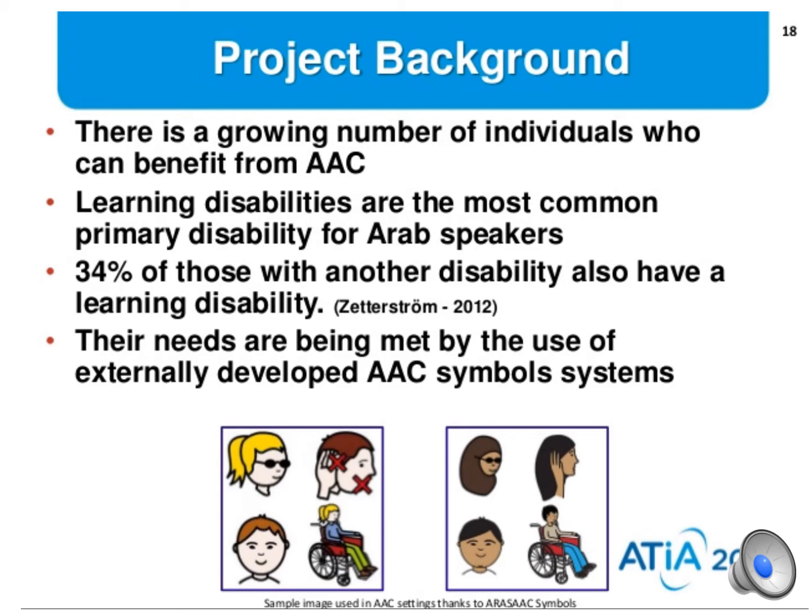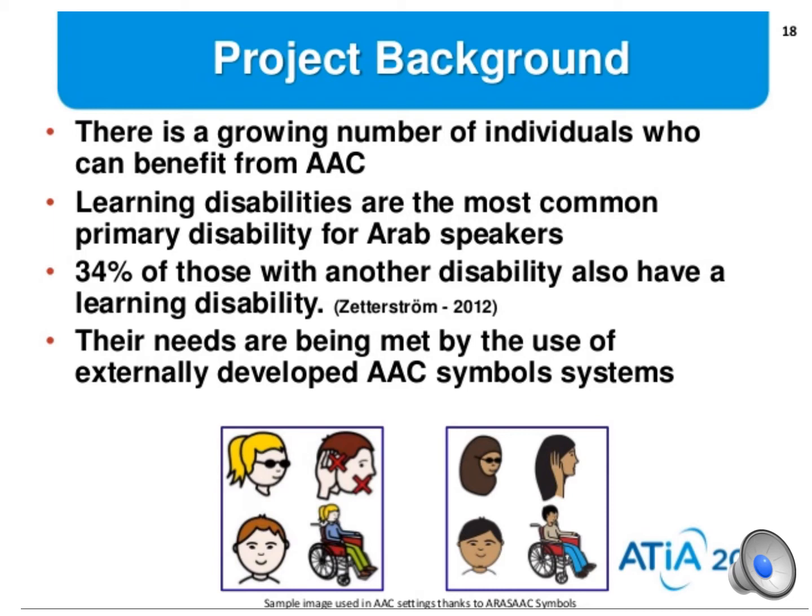I want you to pay attention to these different types of symbols that you see here. On the left, we have the little girl and the little boy, and then we have the little boy with an X over his ear and his mouth, so hearing impaired and doesn't use speech, and then a little girl in a wheelchair.